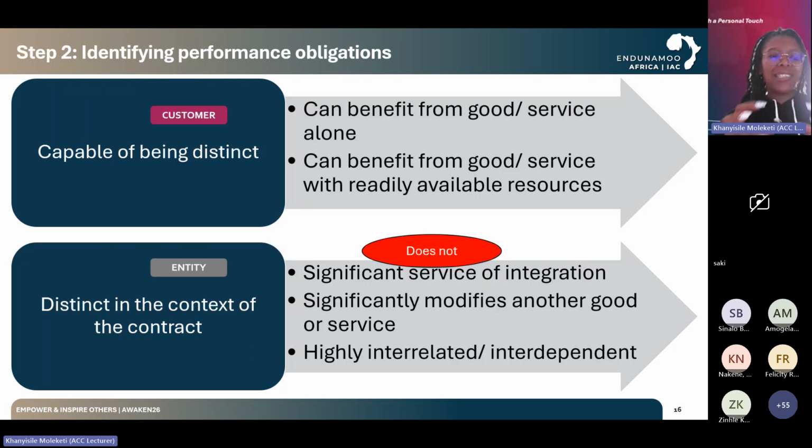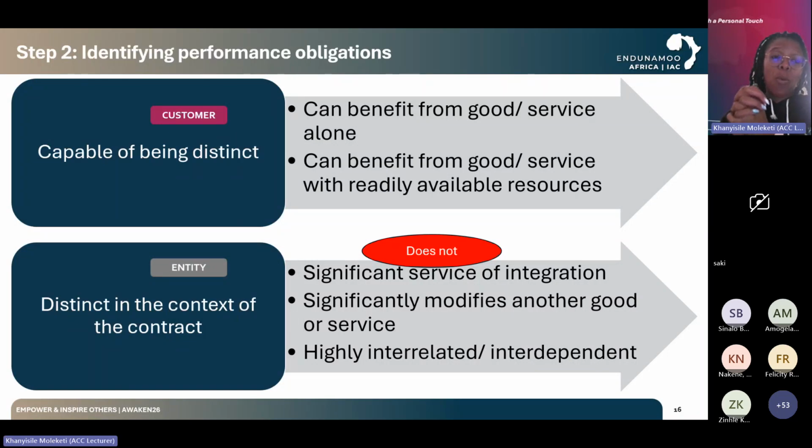And this software needs a specific interface between the new software and your existing software. And I am going to provide this. I need to provide it to make it work. So software is not necessarily going to work as well as intended if I don't do the integration. I've now gone to the trouble as the entity of significantly integrating both the installation and the software. So I've provided a significant service of integration.